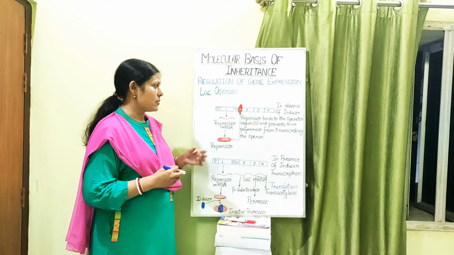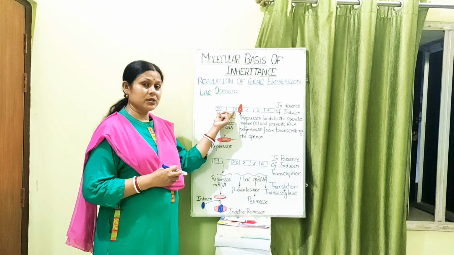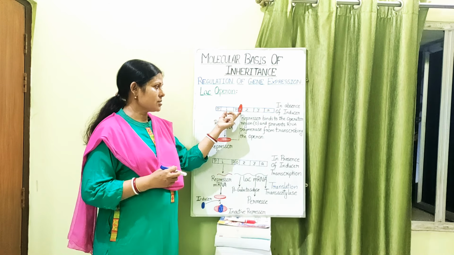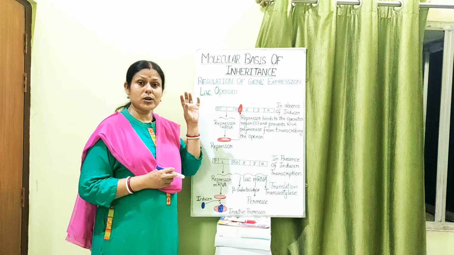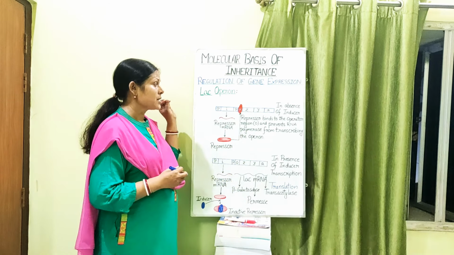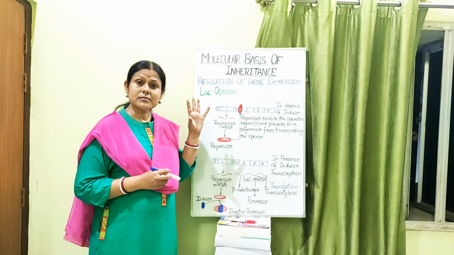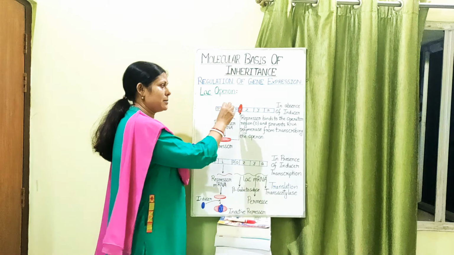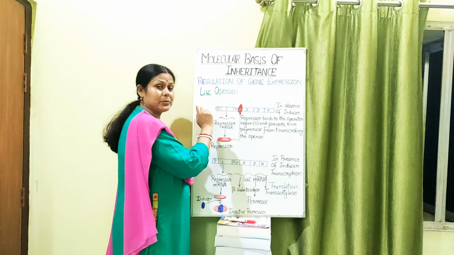There will be a regulatory gene just before the promoter region. What is this promoter region? The promoter region is the place in the DNA where the RNA polymerase will come and bind.